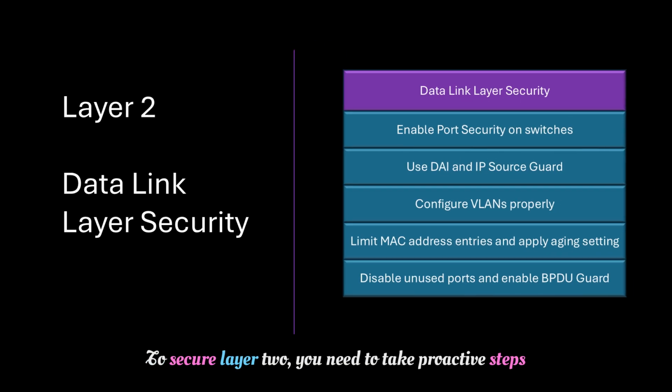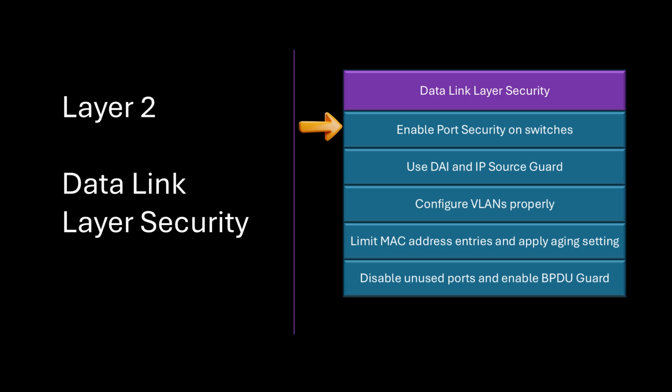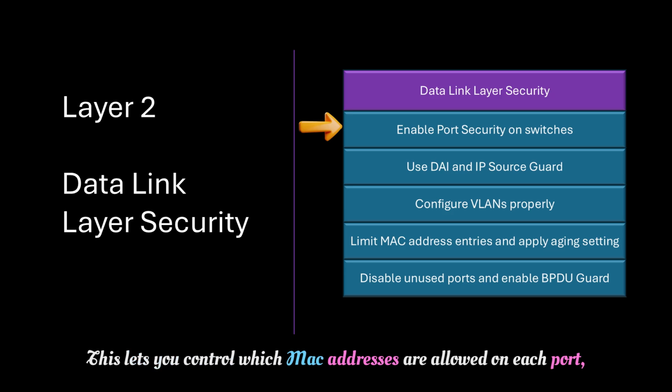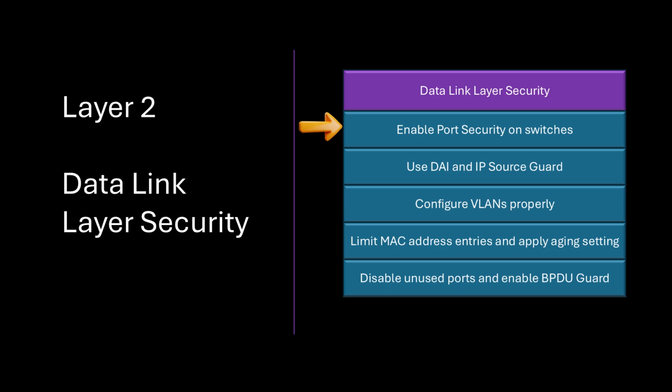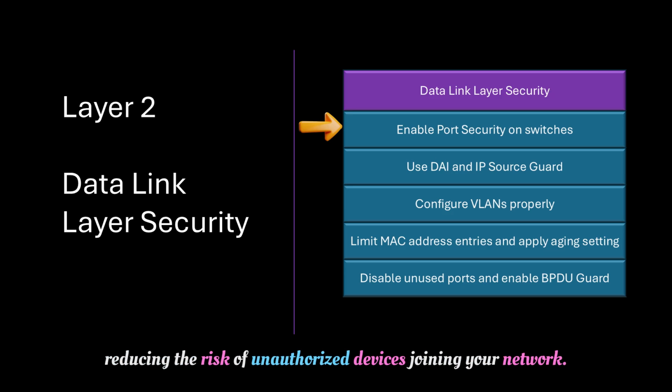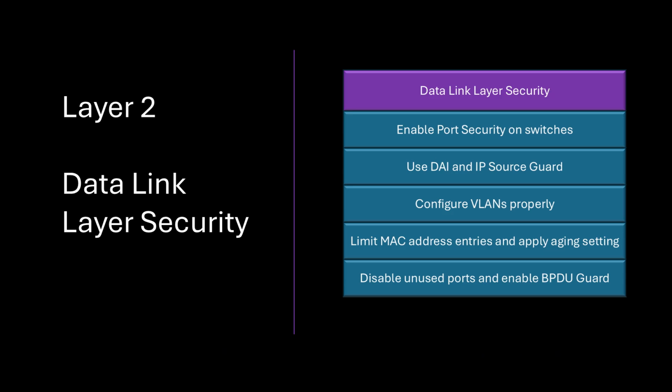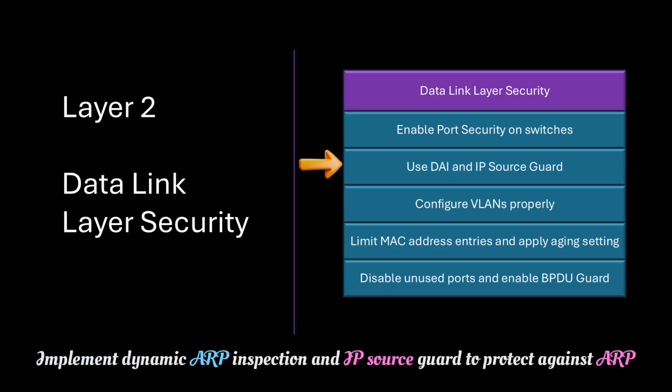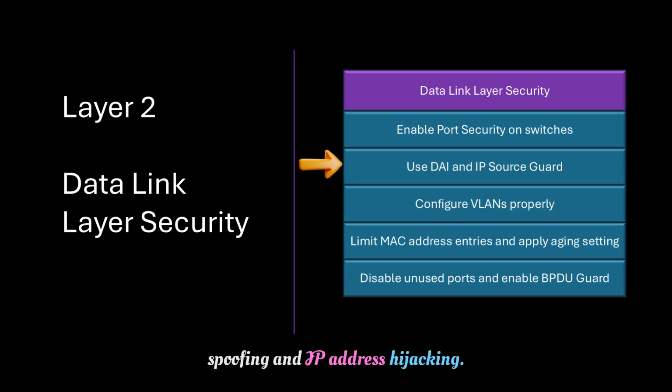To secure Layer 2, you need to take proactive steps that harden how your switches handle traffic. Start by enabling port security on your switches. This lets you control which MAC addresses are allowed on each port, reducing the risk of unauthorized devices joining your network. Implement dynamic ARP inspection and IP source guard to protect against ARP spoofing and IP address hijacking.